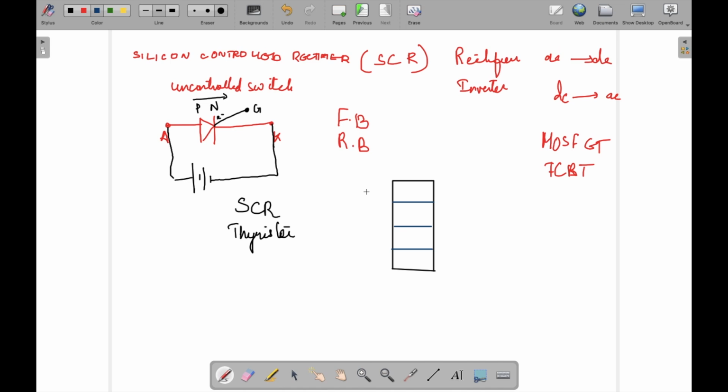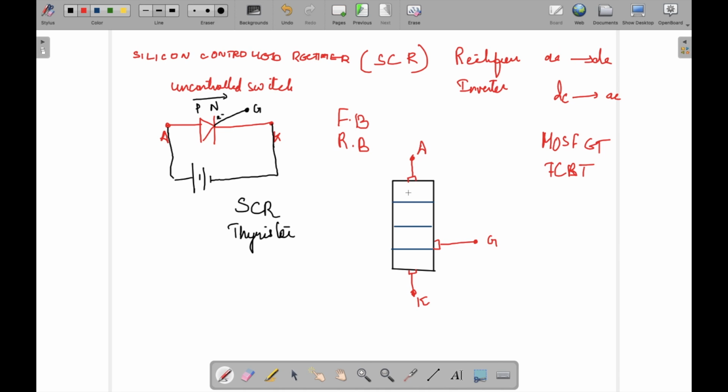Here we have 3 junctions which create 4 layers. The upper terminal will have the anode connected, so this is your anode. The lower terminal will have the cathode connected, so this is your cathode. And we'll have the gate coming somewhere here. So this will be the gate terminal.